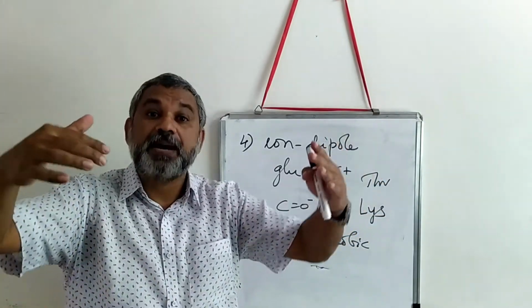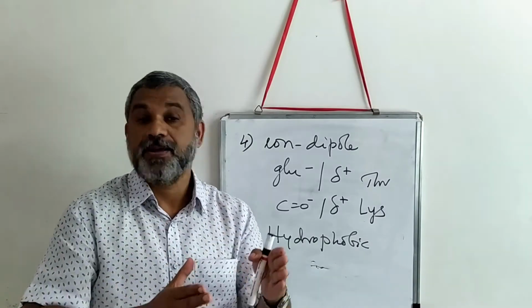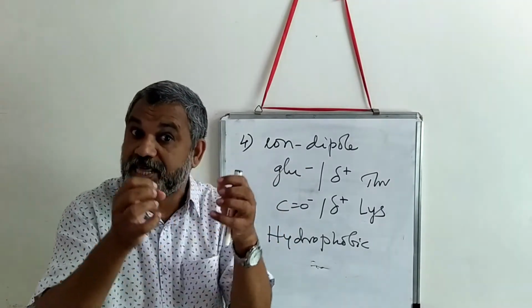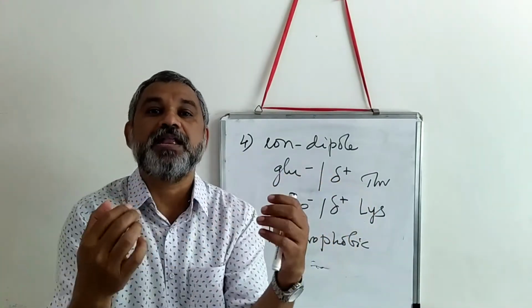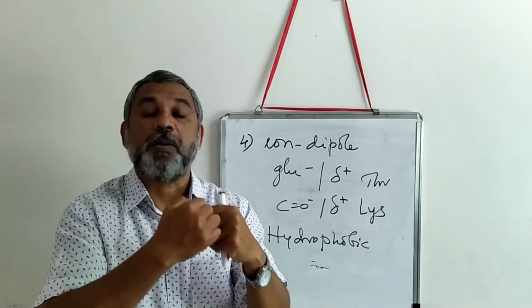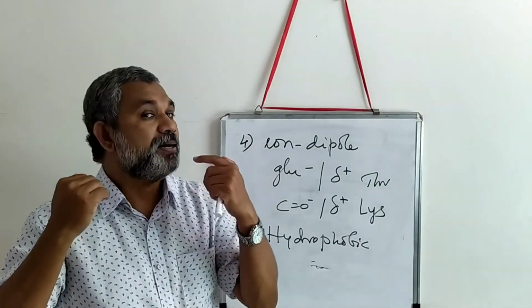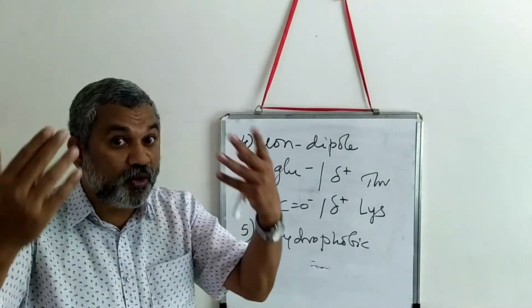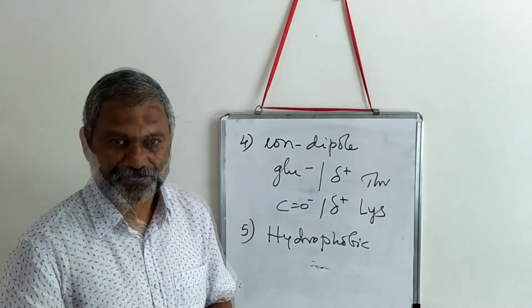Especially the hydrophobic amino acids like isoleucine, valine, phenylalanine will come together, club together, and remove water, so that they form a tight, compact core structure. This is another interaction which will contribute towards the formation of the tertiary structure.